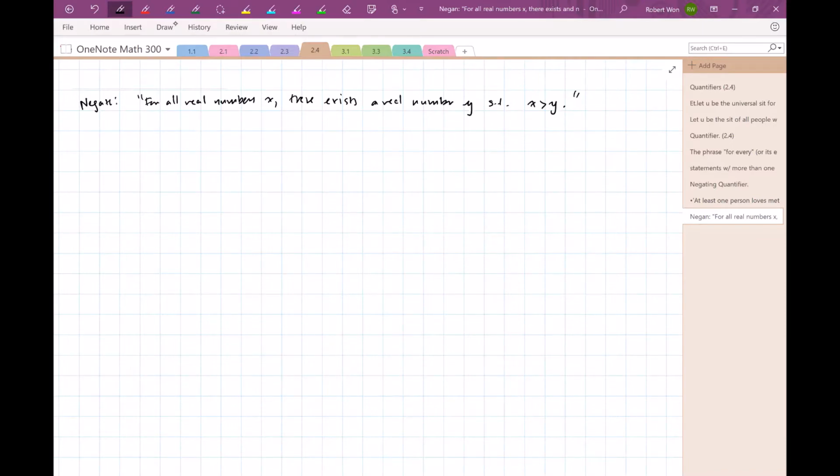Okay, so if I want to write this in terms of symbols, I can say for all x in R, there exists a y in R such that x is greater than y. And again, the nice thing about these symbols is that it allows us to really compactly write down the thoughts that we're thinking. And I want to negate this thing. This is what I'm after.